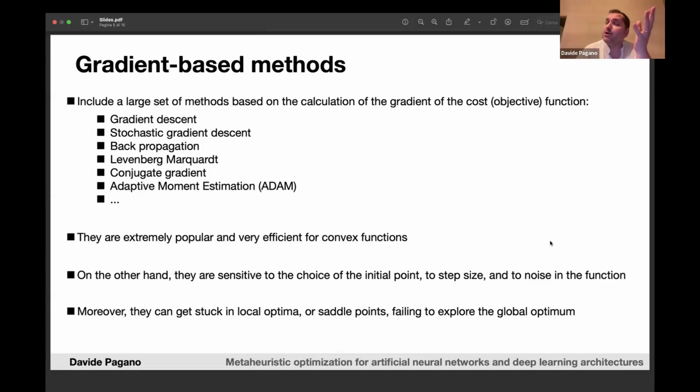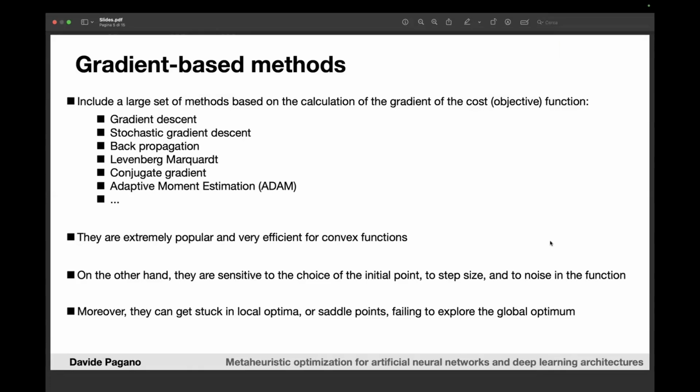They are actually very popular because, for example, if you think about the learning algorithm that people use for optimizing the weights in a neural network, it's usually backpropagation or Adam or conjugate gradient. And of course, there are reasons behind this popularity.